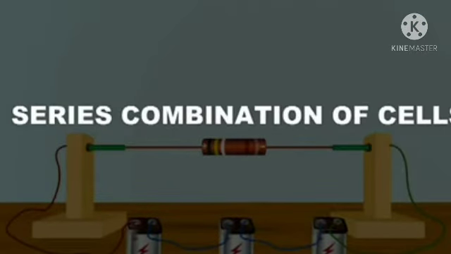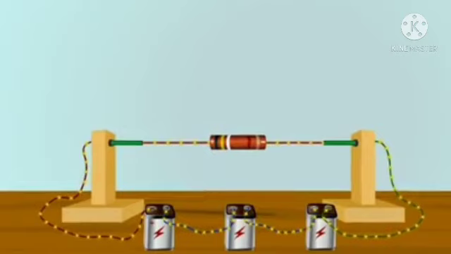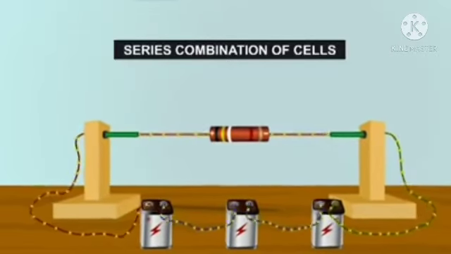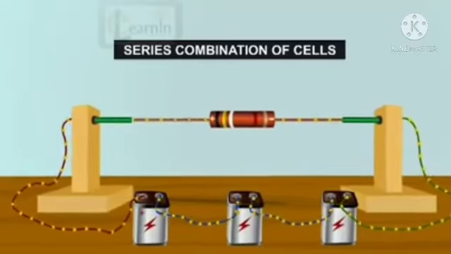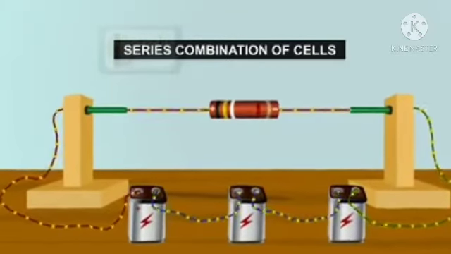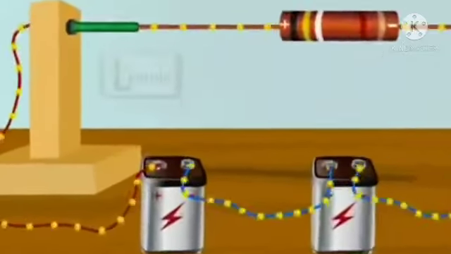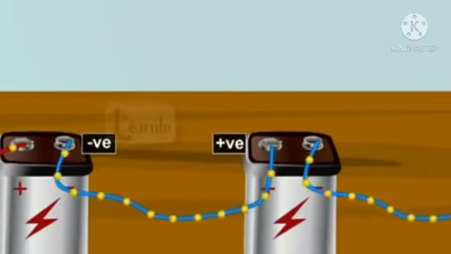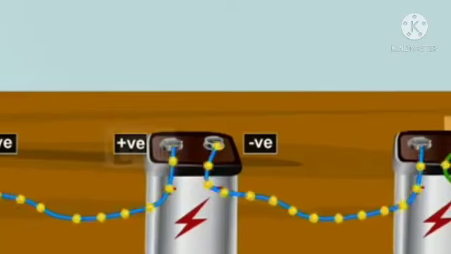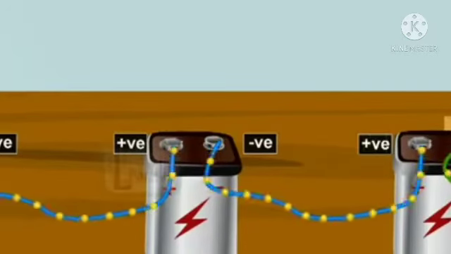Series combination of cells. Cells are said to be connected in series when a number of cells are connected end to end in such a way that the positive terminal of one cell connects to the negative terminal of the next cell.